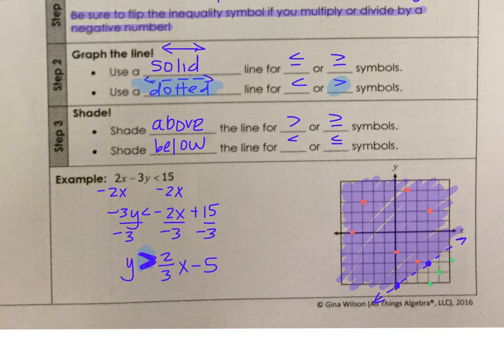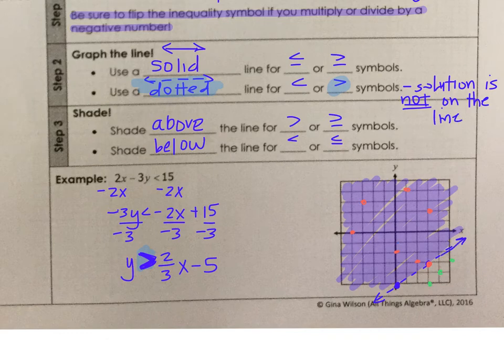One other thing you need to know. What if we have a dot that is on the line right here? Well, go back up to your notes. I'm going to add one more thing. If it is a dotted line, the solution is not on the line.